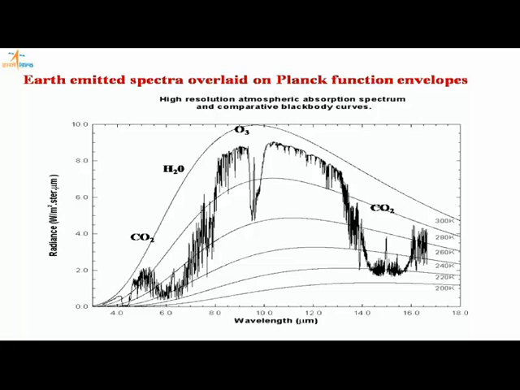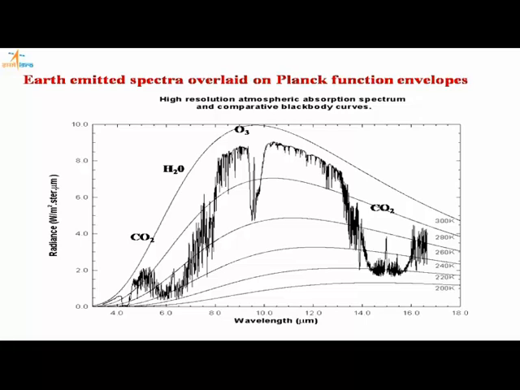Now here I show an infrared spectrum emitted by the Earth surface and its atmosphere, which is reaching the satellite, that is at the top of the atmosphere. If you consider the Earth as a black body at a temperature of 300 Kelvin, the Earth's emitted radiation would look like this curve, which is the Planck black body curve.